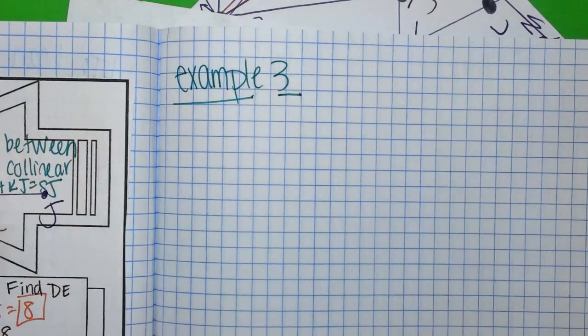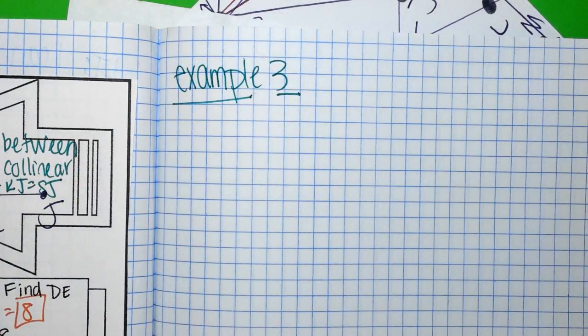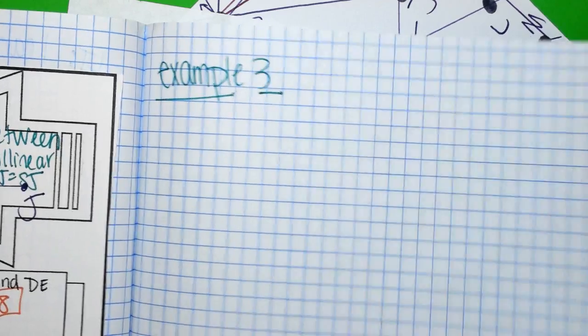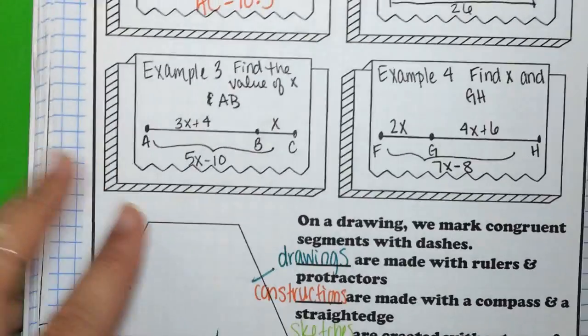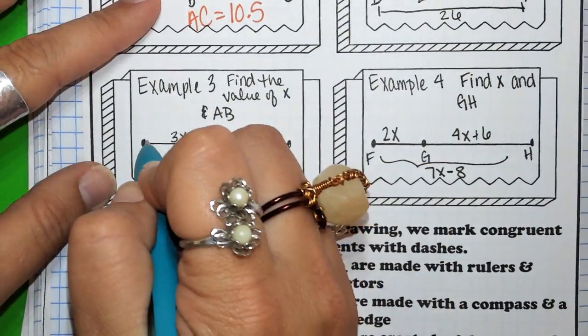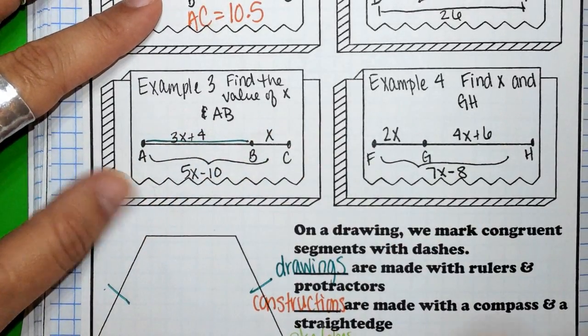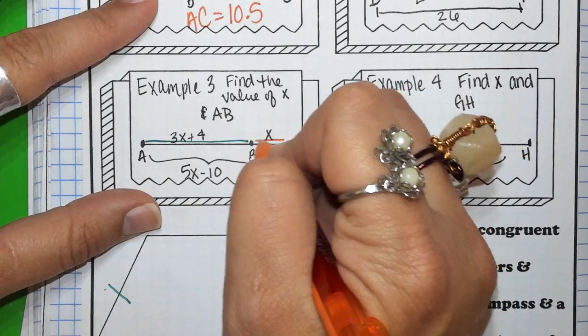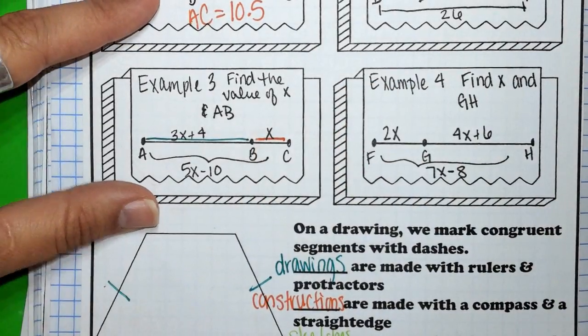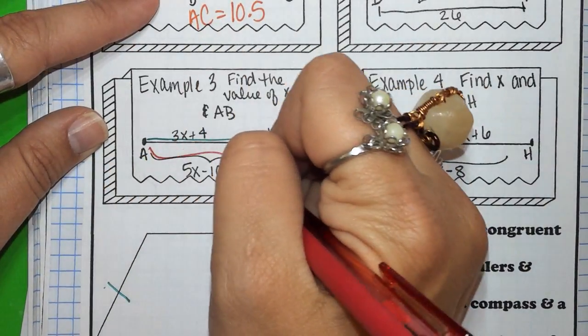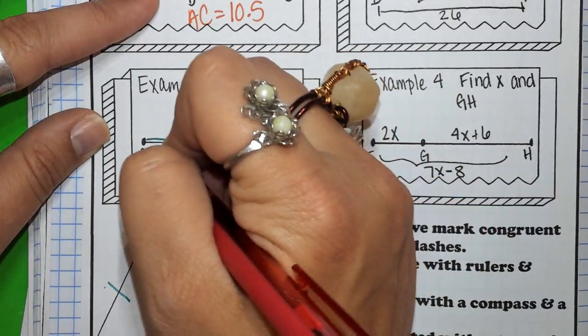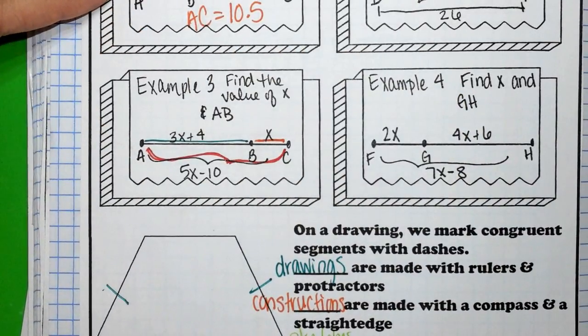Now, does everybody see why we're adding the parts together? We know that AB is this one right here, and BC is this guy right here. The whole thing is 5x minus 10.